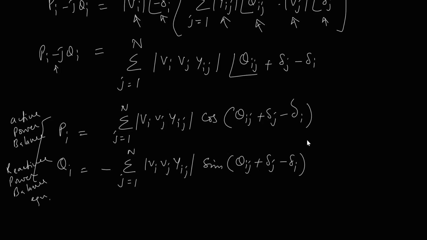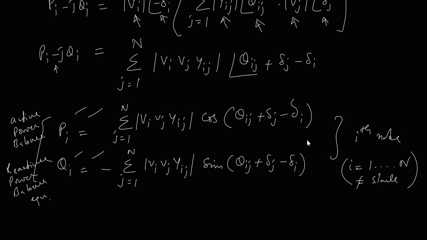Okay, so this is at only the ith node. Likewise, if I write this with i varying from 1 to n and i not equal to slack, then I will have two equations at each node. So two equations at each node I have to verify. I have to make these power balance equations at each node.